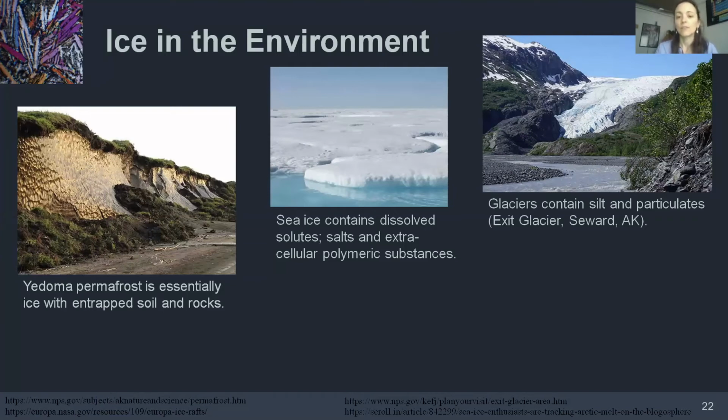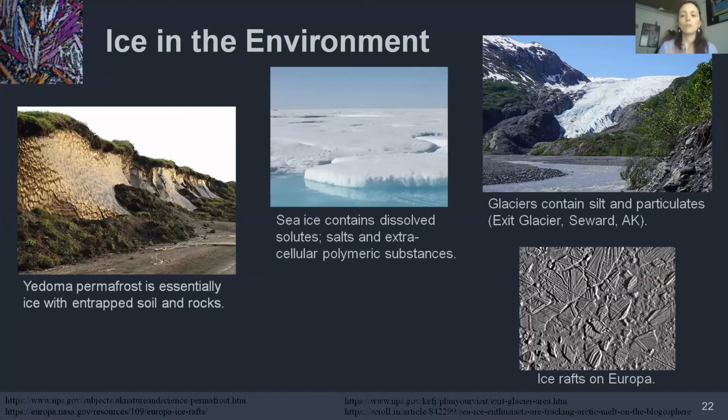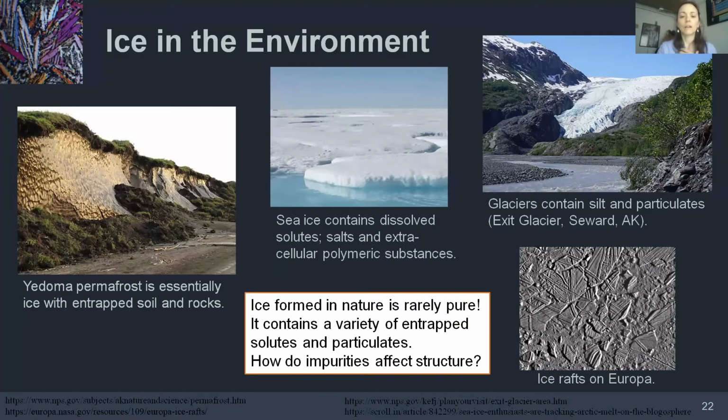Sea ice has salts and extracellular polymeric substances, and glaciers contain silt and particulates. And so really understanding how these solutes and impurities affect ice properties is important for all sorts of things related to climate change, ice melting, but then also the Army navigating and moving over this frozen ground.